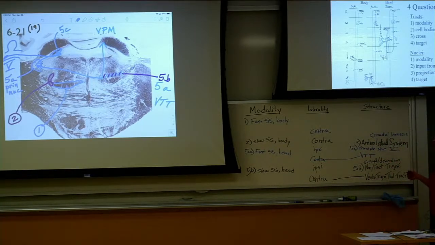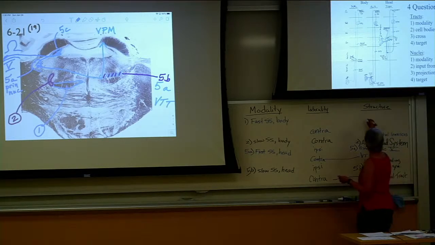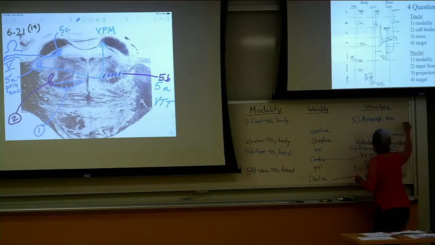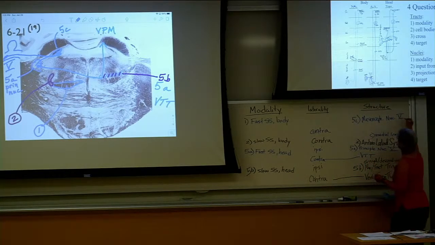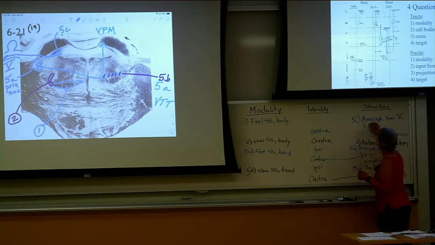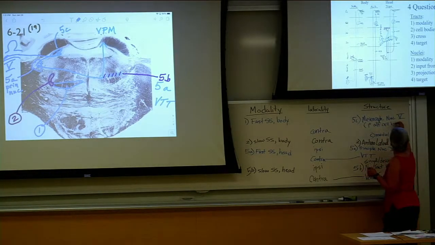And then we've got our oddball, which is 5C. I'll just stick it up here because there's no room down there. The mesencephalic nucleus of the trigeminal system. And this is our weird ball. These are primary afferent cell bodies.